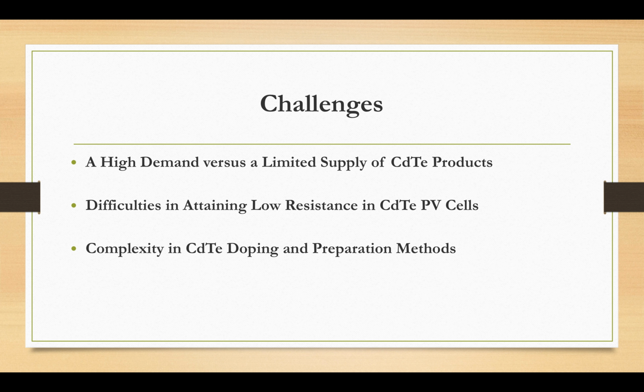Another one is the complexity of cadmium telluride doping and preparation methods. The key challenge to the application of cadmium telluride is the poor understanding of the doping and preparation methods, because the process is difficult to control and the thin films often yield quite erratic products.